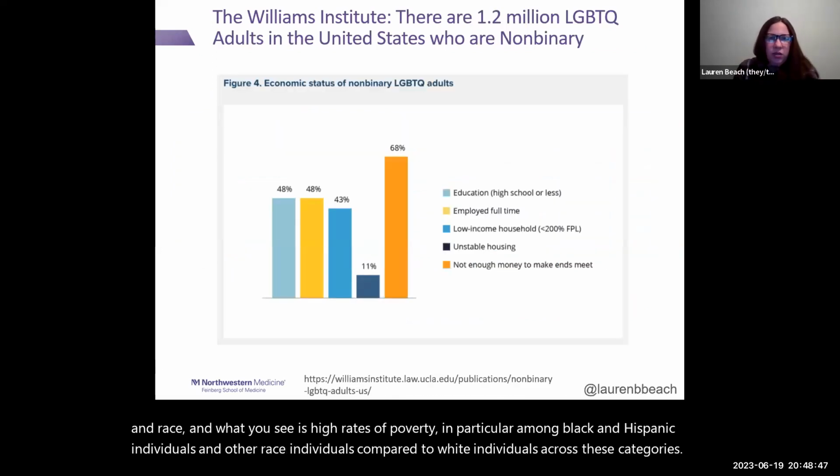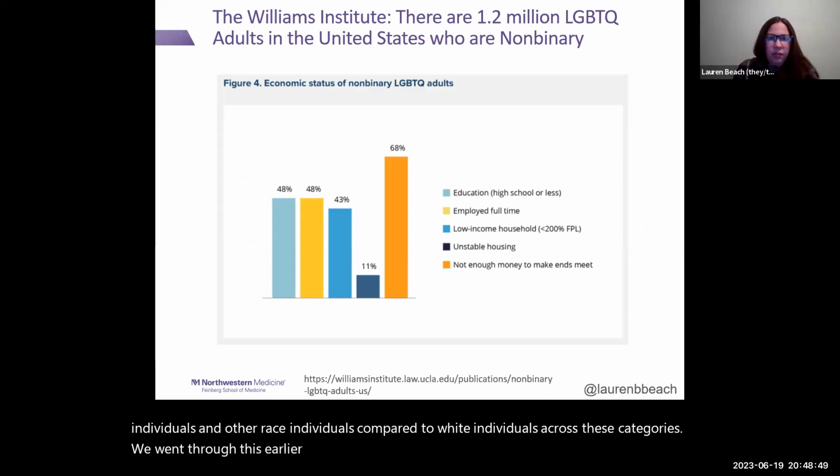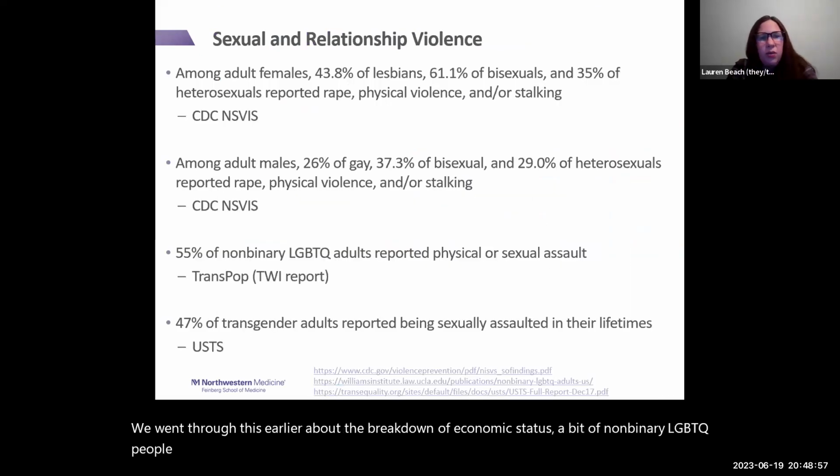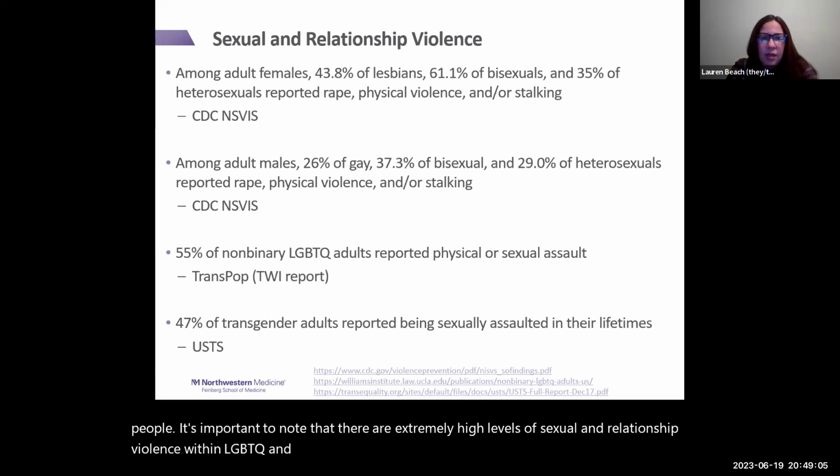We went through this earlier, the breakdown of economic status, a bit of non-binary LGBTQ people. It's important to note that there are extremely high levels of sexual and relationship violence within LGBTQ communities. And of course, these numbers are extremely high in the general society as well.